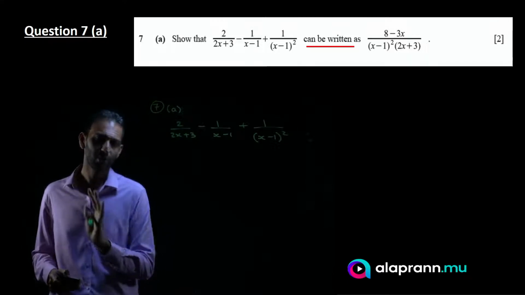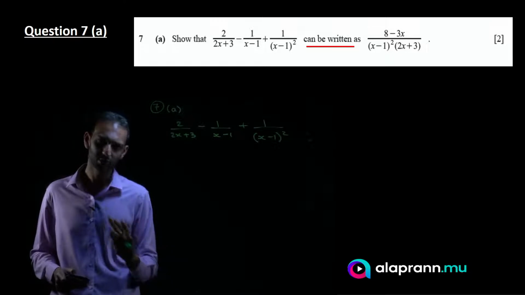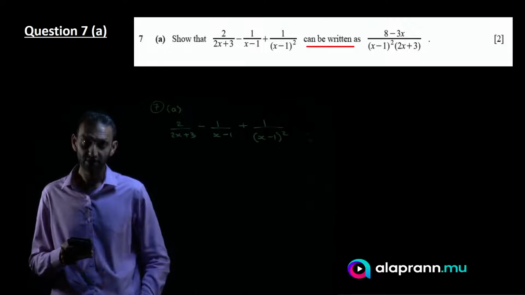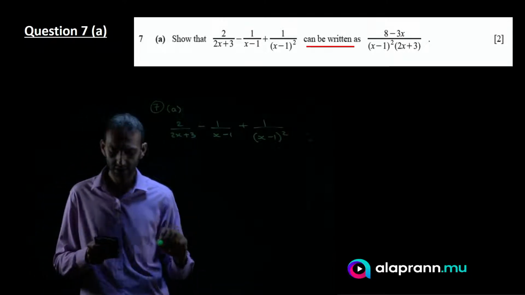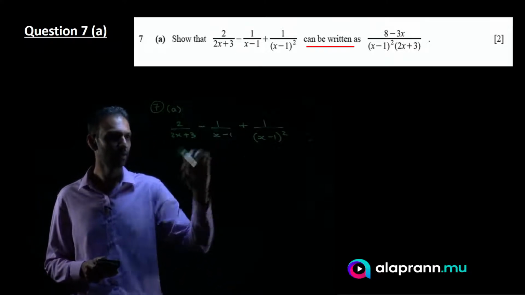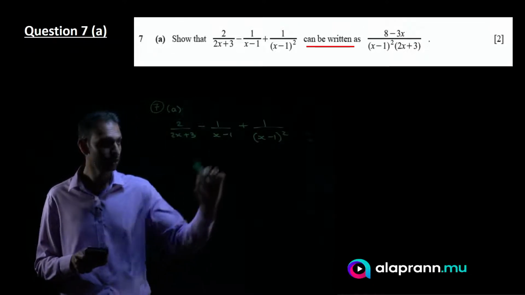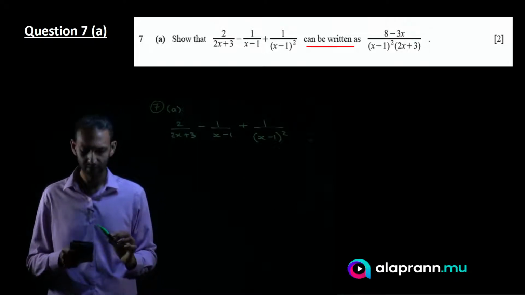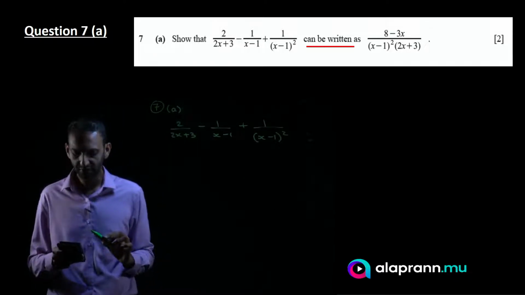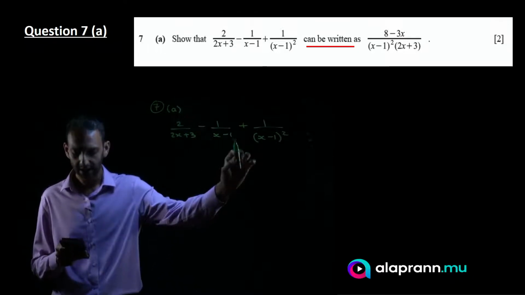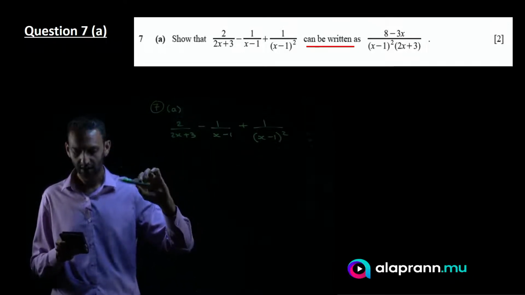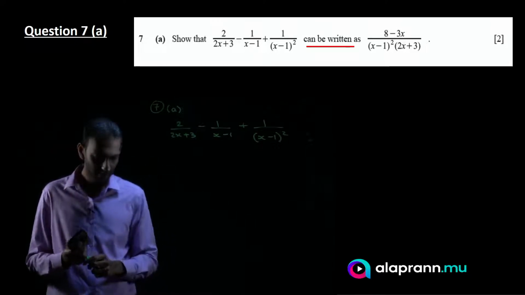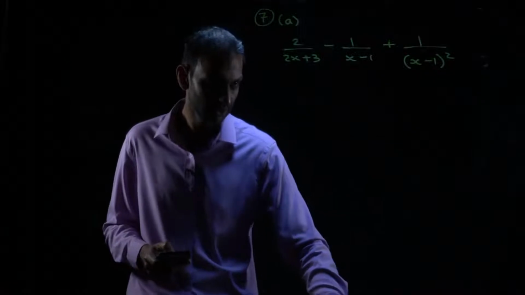For A-level, this is called partial fractions, but for AdMaths, we'll treat it simply. 7a, show that 2 divided by 2x plus 3 minus 1 over (x minus 1) squared is equal to (8 minus 3x) divided by (x minus 1) squared times (2x plus 3). Let us do it together and see how to proceed.